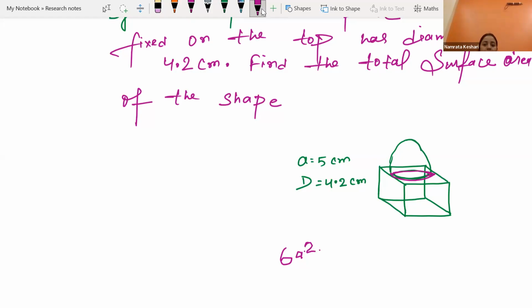Now, can you see there is a hemisphere? So we will be taking the curved surface area. Can you tell me what you are thinking? Then I am coming to the explanation part.